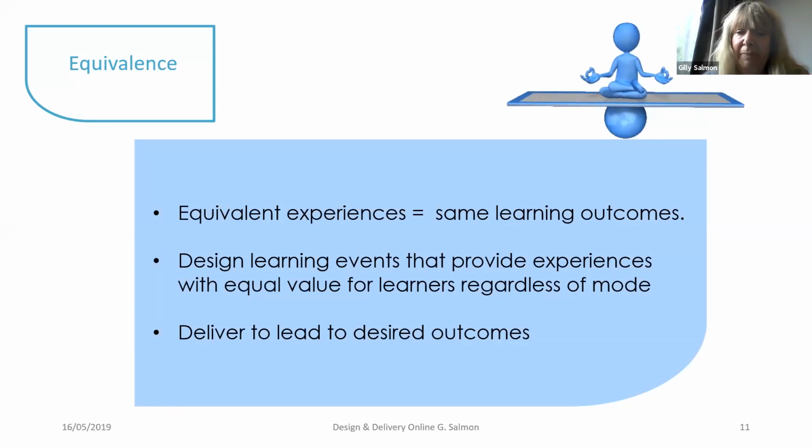And that means that you need to design learning events that provide experiences of equal value for on-campus, blended, online learners, regardless of the mode. They will not be the same, because if you try and emulate the campus experience, then it's deficient for online, and you won't have the best experience for everyone. But you can keep your outcomes in mind so that you're always heading towards the same outcomes.